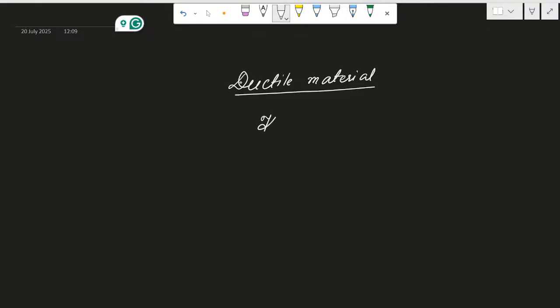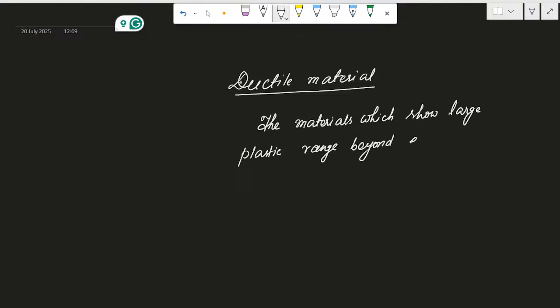Okay, the materials which show large plastic range beyond elastic limit are called ductile material.